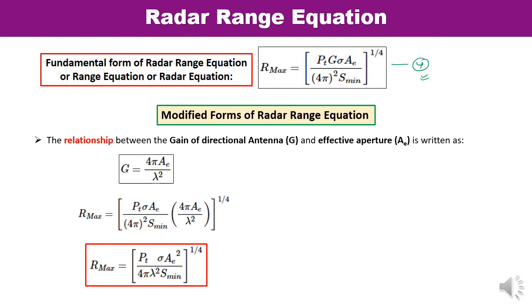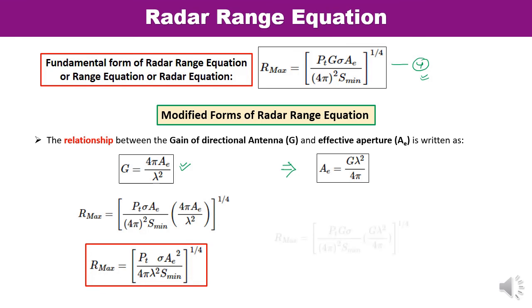Now we can derive one more form by using the same formula. From this formula, you can rearrange the terms and write down the term for the effective aperture. From here, AE is equal to G lambda square upon 4 pi. Now substitute the value of AE in equation number 4.